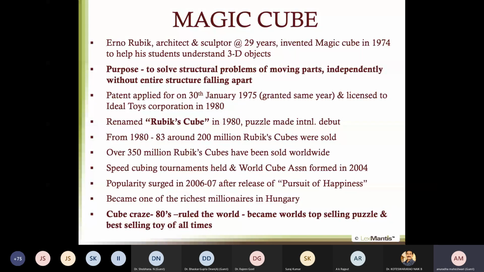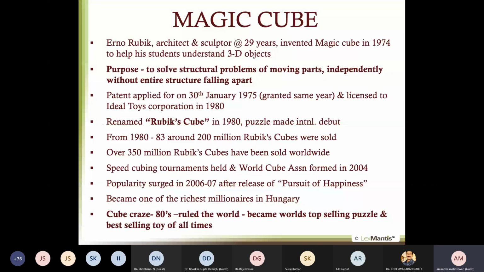So it is a company, but when you read the name Ideal Toys, it tells you very clearly that these people were the manufacturers, retailers, distributors of toys. It was centered in Europe, but obviously they would be having presence all over Europe and of course in some other parts of the world.